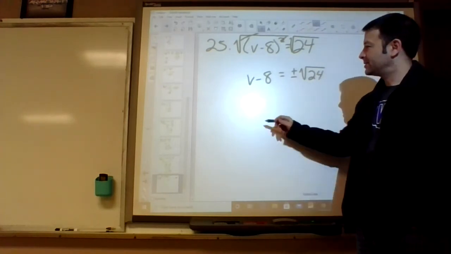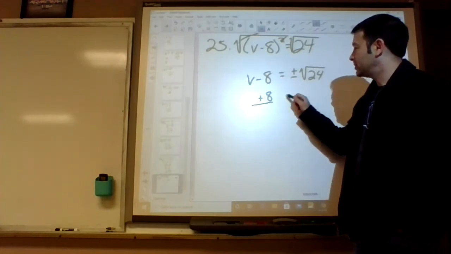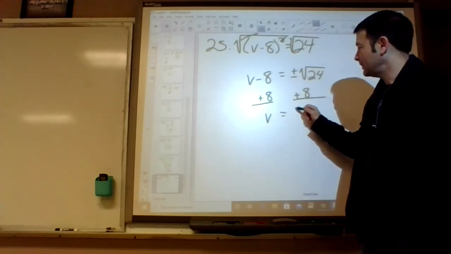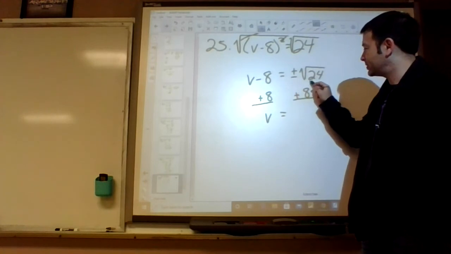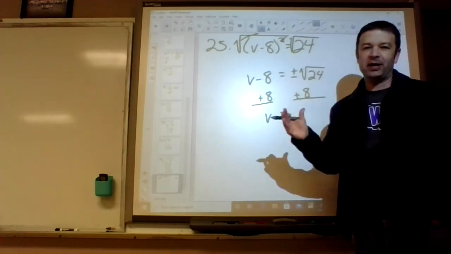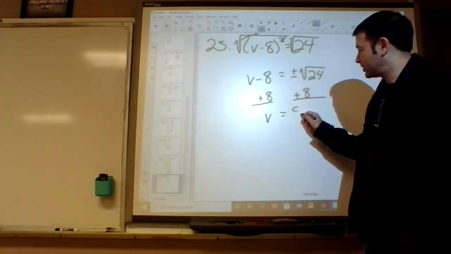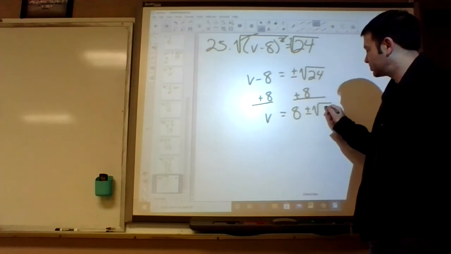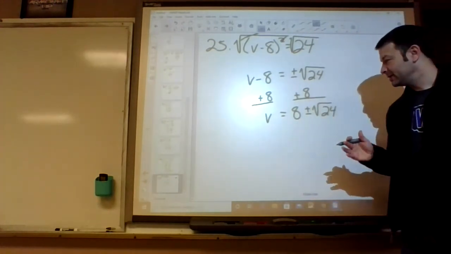Okay? To solve for v, I need to get rid of the 8. So here's what I'm going to do. Those don't add together. First of all, this represents two different things, but you can't add an 8 with the square root of 24. They don't mix. So I'm going to write it like this: 8 plus or minus the square root of 24. Okay, those don't add nicely.